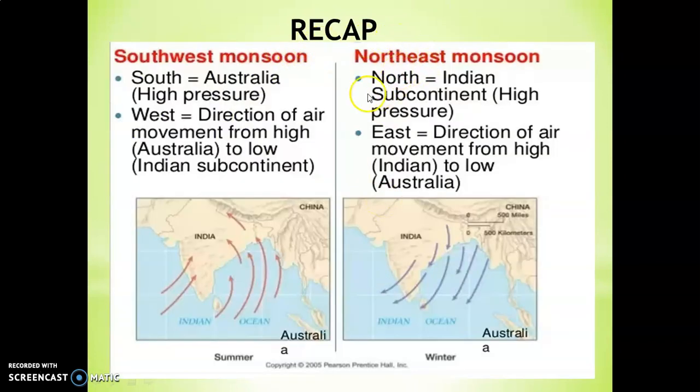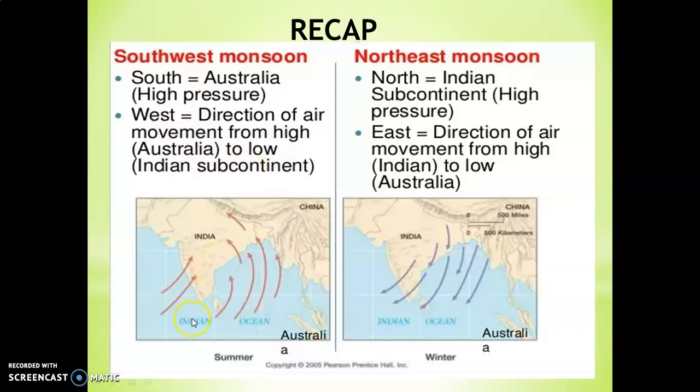Let's take a recap. There are 2 important seasons: southwest monsoon, which is also called rainy season; northeast monsoon, this is cool weather season. What happened during southwest monsoon? In the south, high pressure develops in Australia and low pressure develops in the Indian subcontinent.